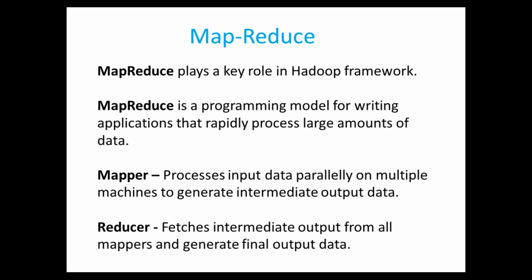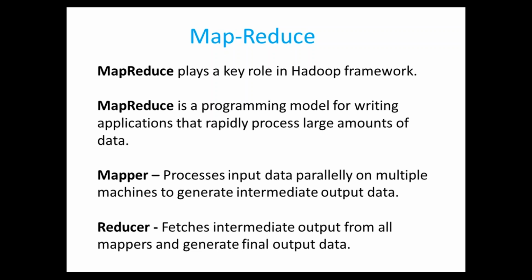And later on, the master machine will choose one slave to do the consolidation part. That particular slave will collect the small outputs from all the slaves and combine them to produce the final output. And this combining activity, this consolidation activity, is known as reducer.